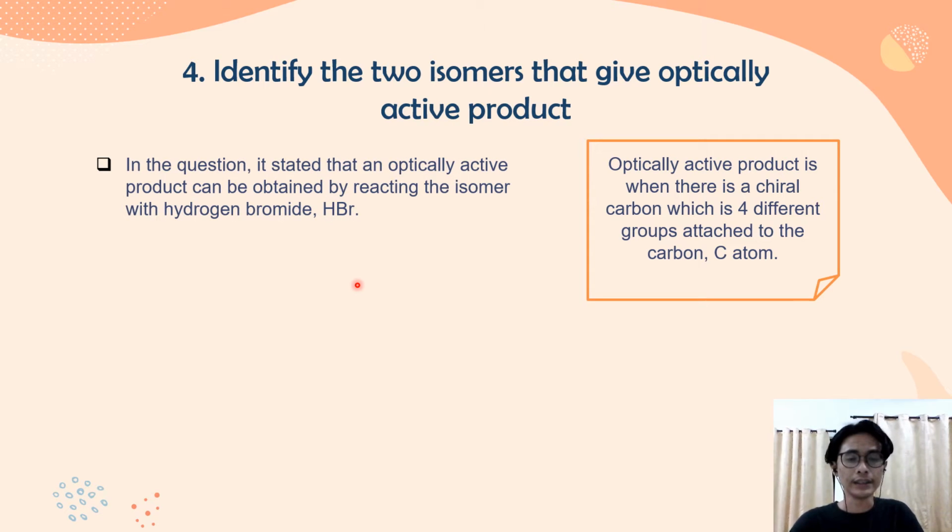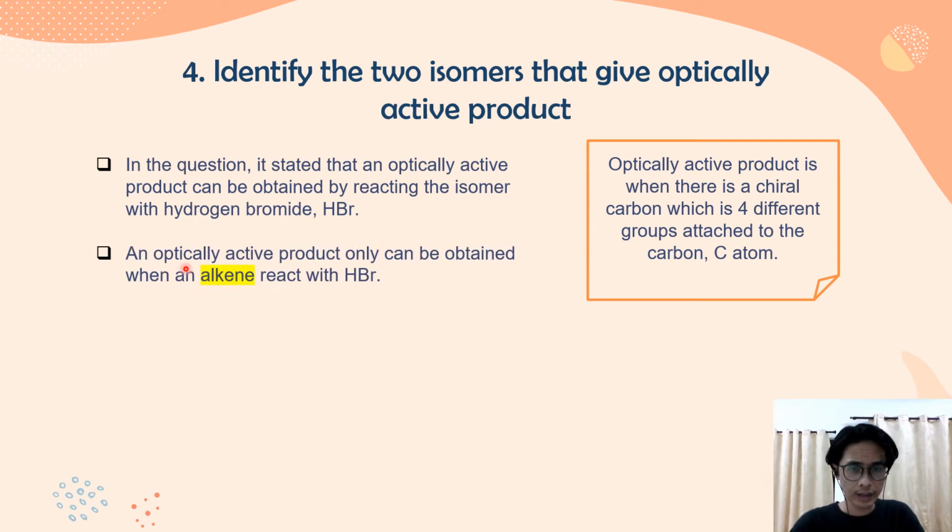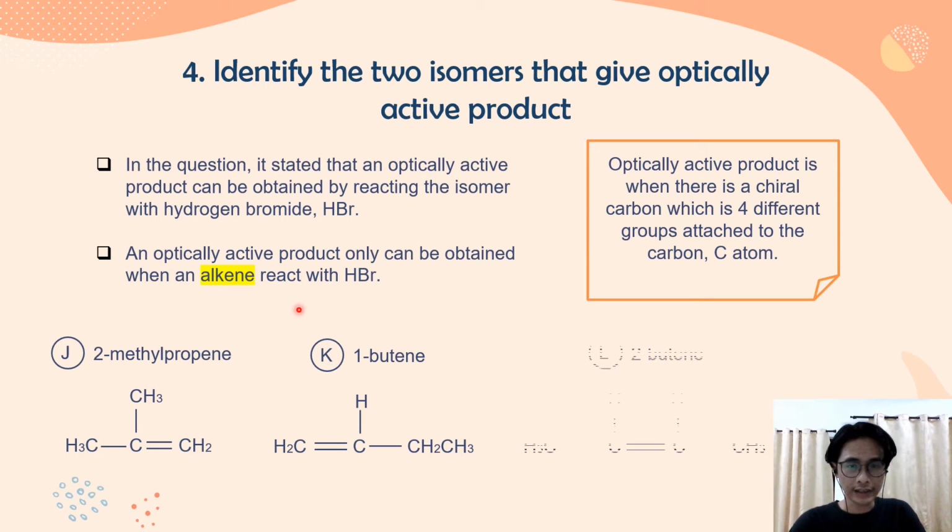So in the question, it is stated that an optically active product can be obtained by reacting the isomers with hydrogen bromide, or HBr. An optically active product only can be obtained when an alkene reacts with hydrogen bromide. So the alkenes that we will be using are J, K, and L.